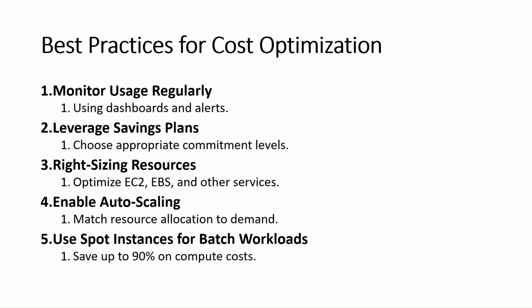The fourth one is to enable auto scaling. You need to match resource allocation to demand, setting up your resources to automatically adjust based on demand. This helps you avoid paying for more capacity than you need during low traffic times.